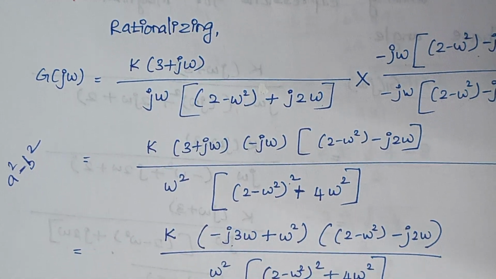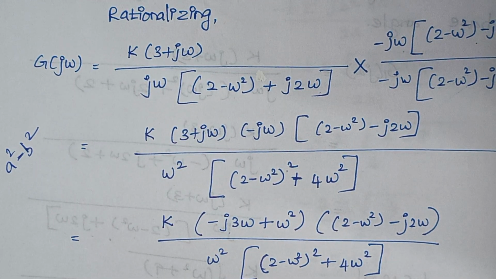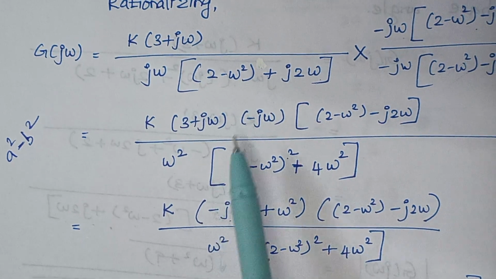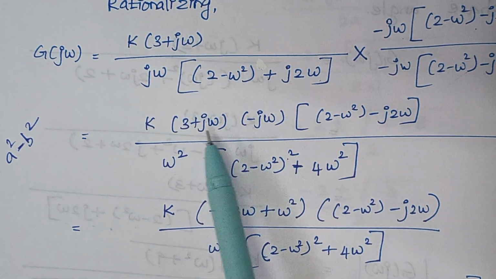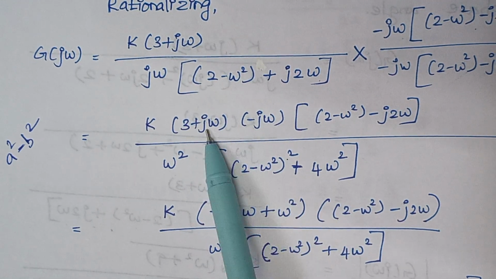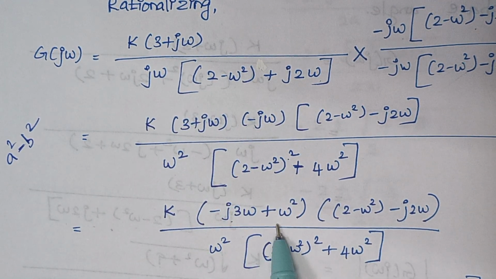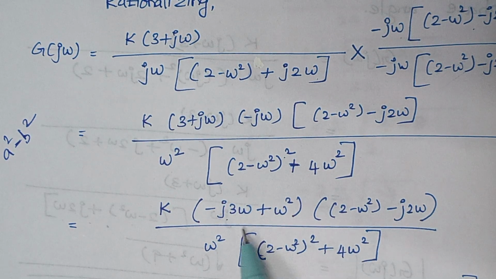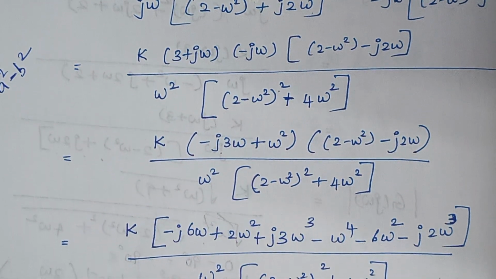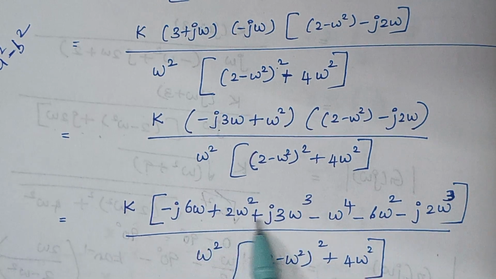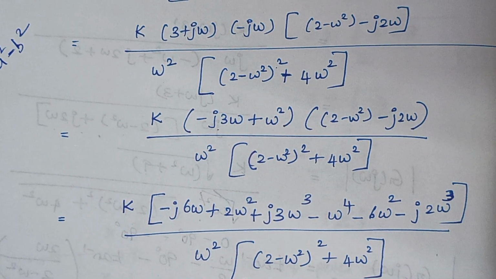And here in the numerator terms we just did multiplication, that's it. First I have multiplied this 3 plus j omega with this minus j omega. Okay, first these two terms are multiplied, so I am having an answer like this. And the next thing I am multiplying this term with this term. Okay, this is a little bit bigger. So here I had multiplied the terms.